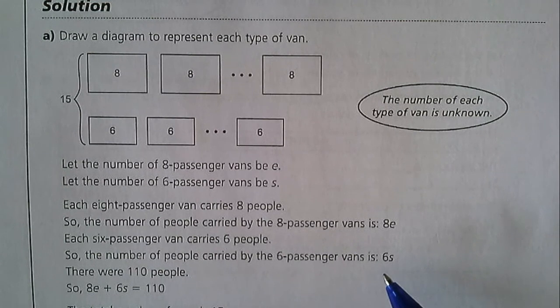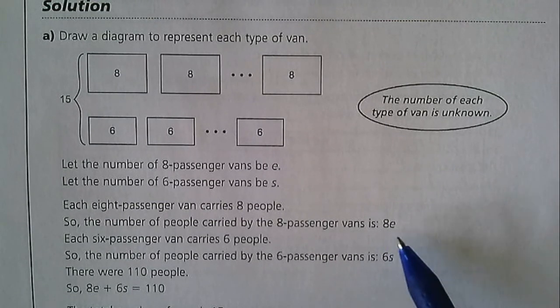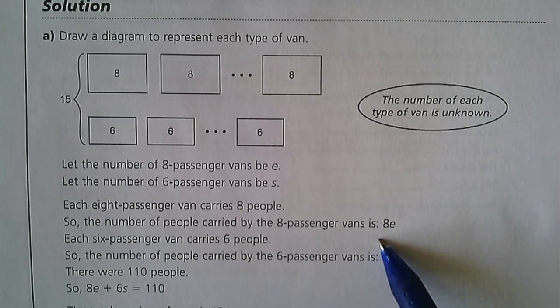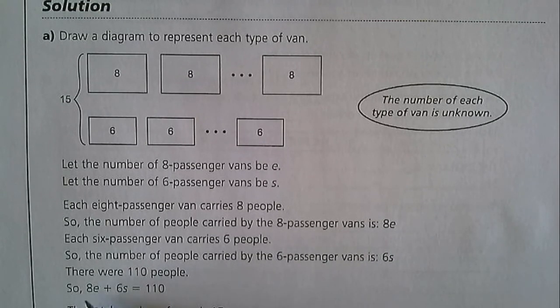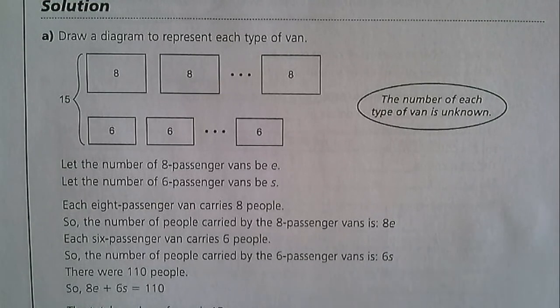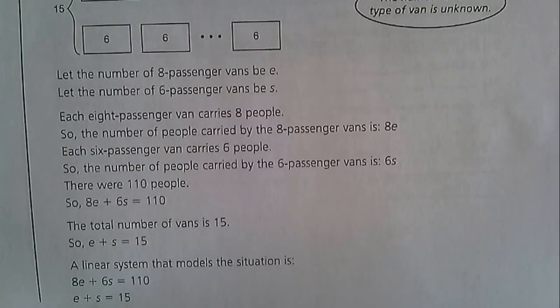So if we put those together, we know that there's 110 people total. And this version includes the number of people that can be held by each of the vans. So the equation we could come up with is 8E plus 6S equals 110 people. Even though these values are different, those both represent number of people.